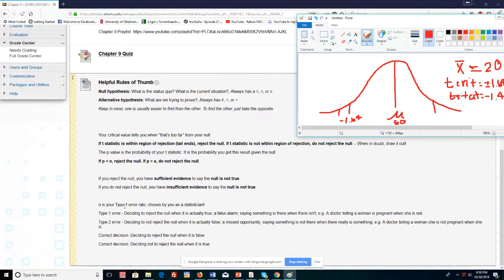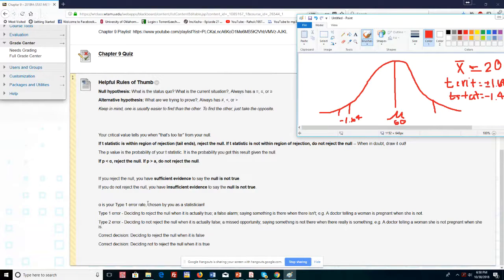Okay, your alpha is your type 1 error rate. Again, that's chosen by you. So if you want to be wrong 10% of the time or 5% of the time, that's up to you. Industry standard is 5% though. Your type 1 error is deciding to reject the null when it is actually true.